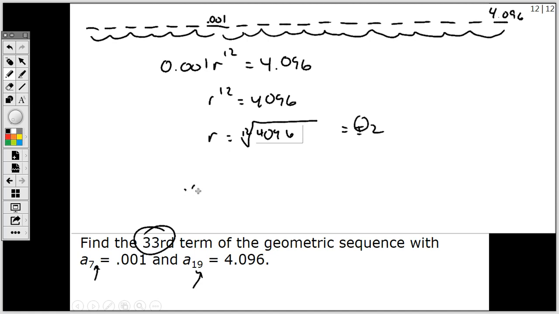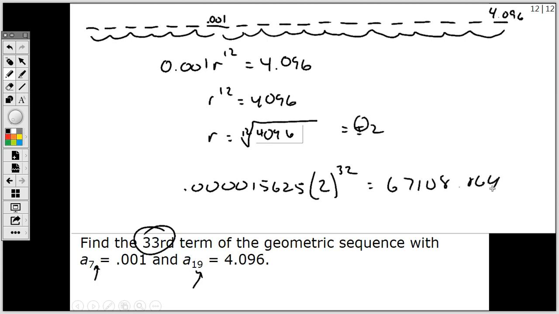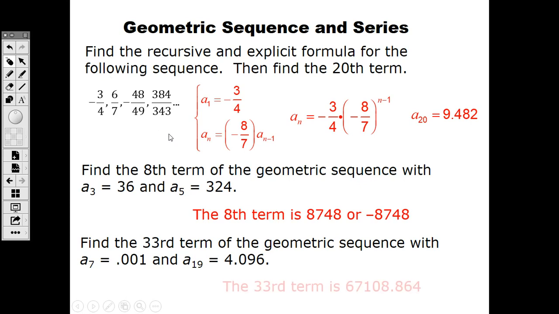So I got 0.000015625 times 2 to the 32, right? Because this is n minus 1. And I got 67108.864. If I did it right, let's see what the PowerPoint says. Oh, man. Oh, that's great.